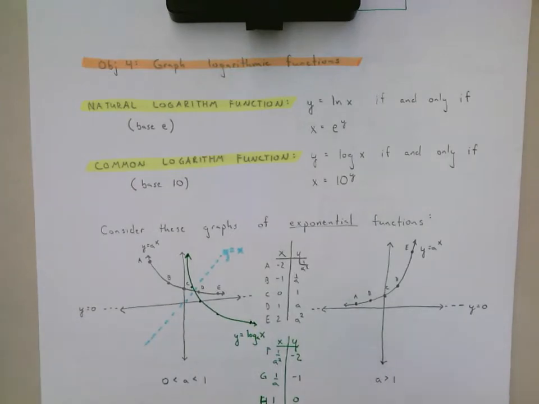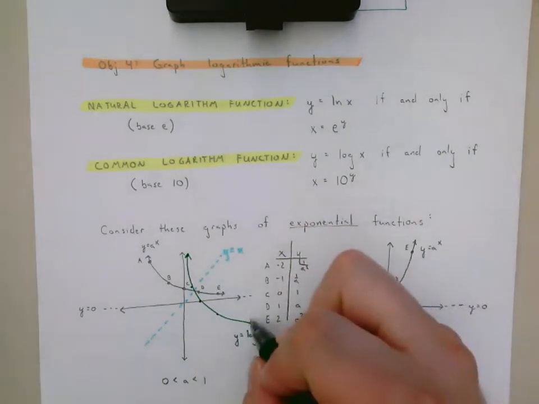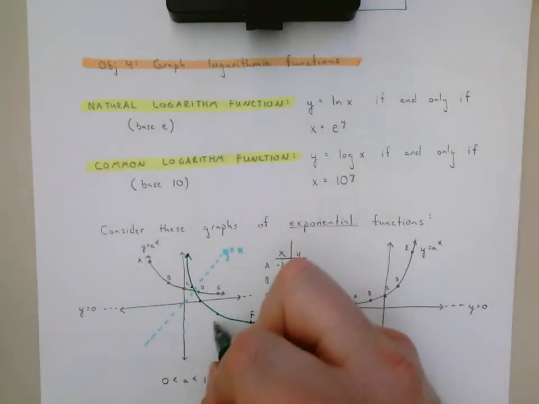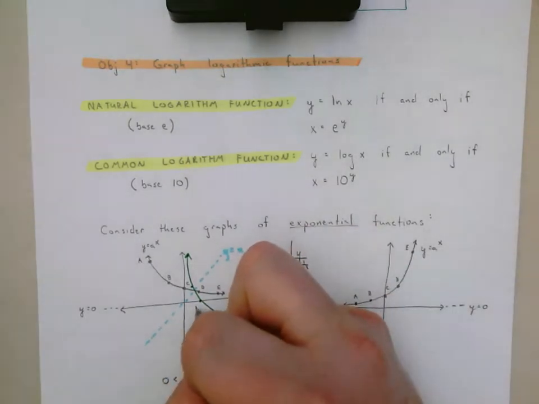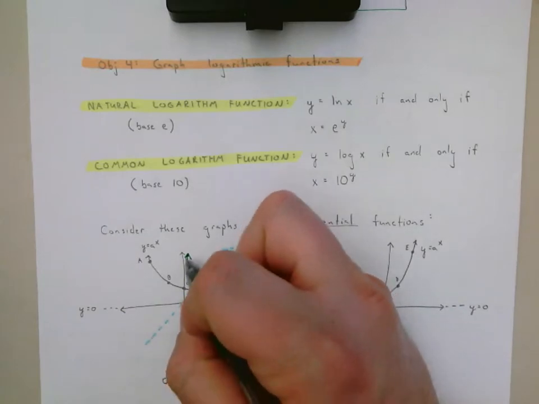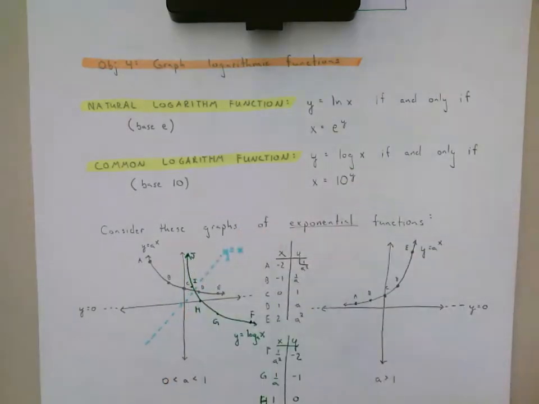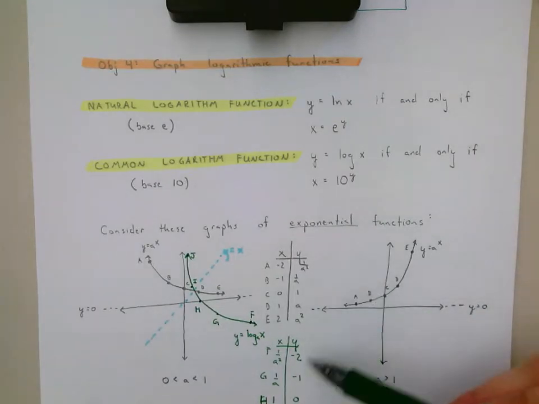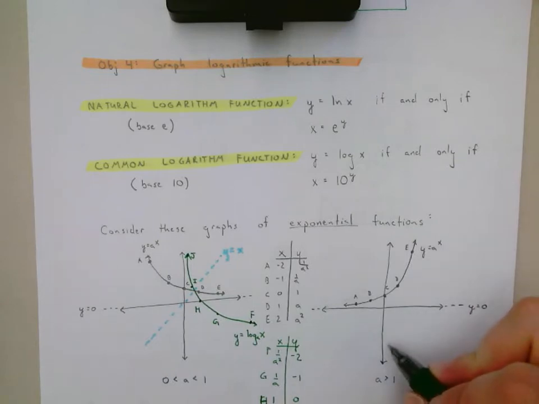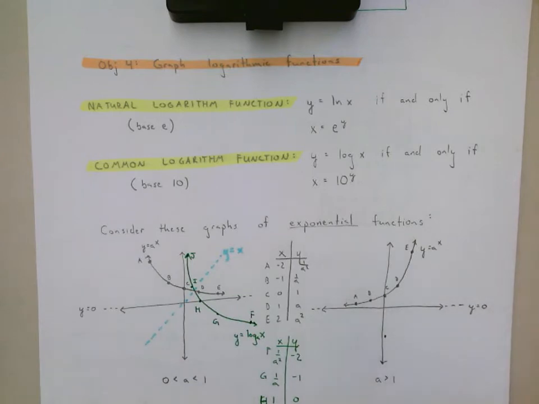Very similar situation over here where a is greater than 1. This may make a little more intuitive sense. Oh, I'm sorry, I didn't label my points. All right, this was F, G, H, I, J. Okay, so when I graph over here the ordered pair 1 over a squared, comma, -2, now this makes a little more intuitive sense for you.